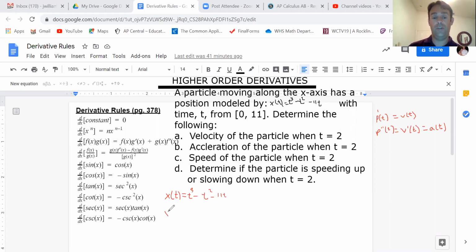All right, so you guys know now that velocity is the derivative of position. So we got 3T squared minus 2T minus 11.